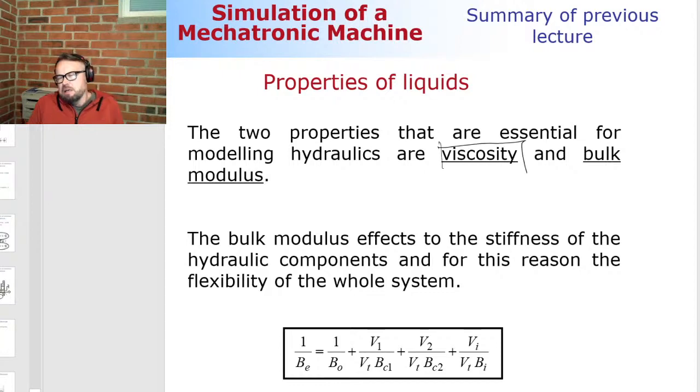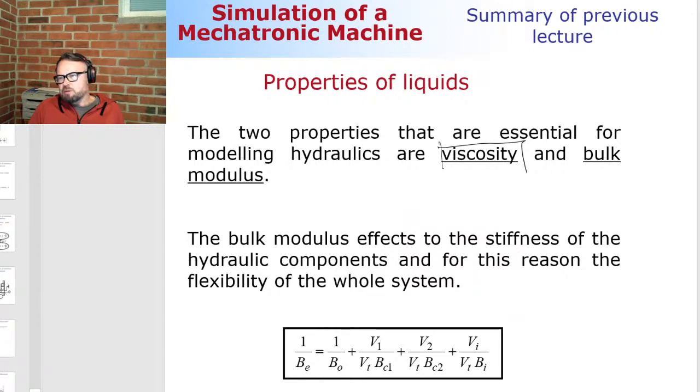Simply because viscosity is needed in certain laminar flows. And like I explained last time, laminar flow takes place when the pressure difference is small. That's usually not the case in industrial applications, particularly in applications of mobile machinery.